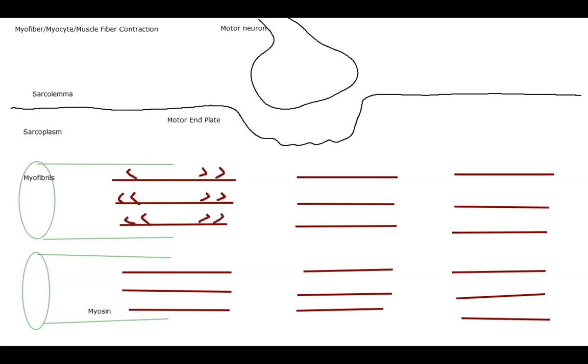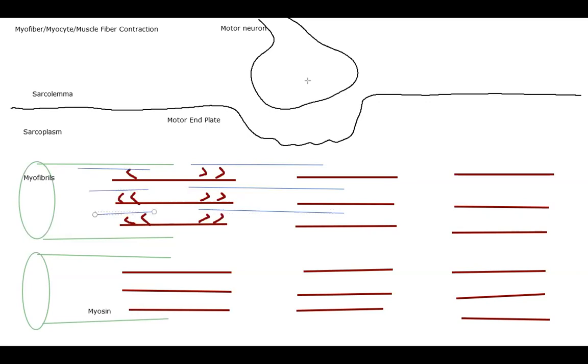So that the overlapping actin, the thin filaments that is, can bind to these little myosin heads.